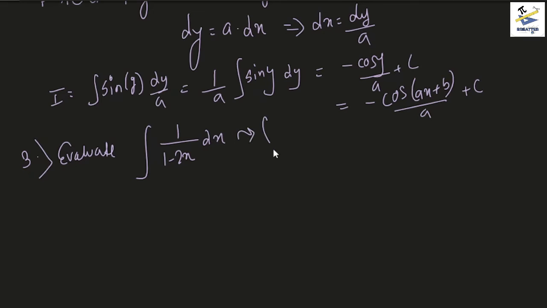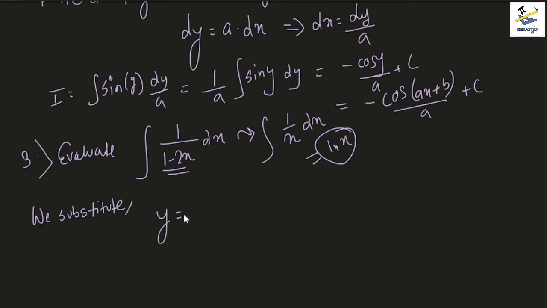As far as I can tell, this resembles 1 by x, whose integral we know as ln of x. So if we can somehow transform it into this form, 1 by some variable and d of that variable, we can do that. An obvious way to do this is to substitute 1 minus 2x, and since it is linear, we substitute y equals 1 minus 2x.